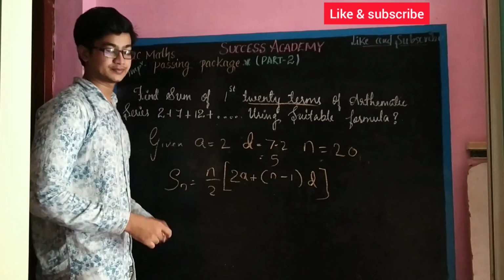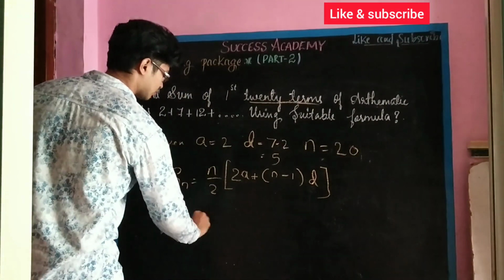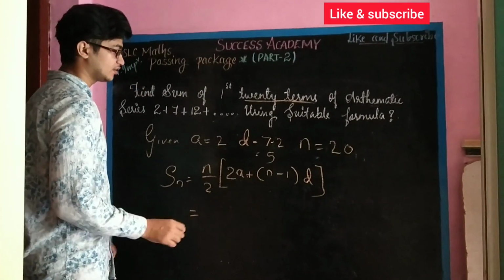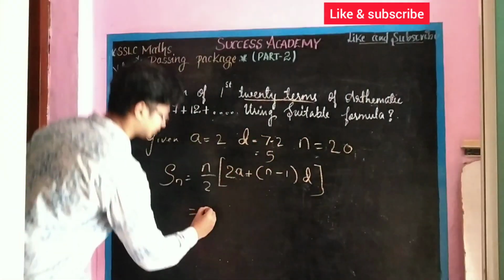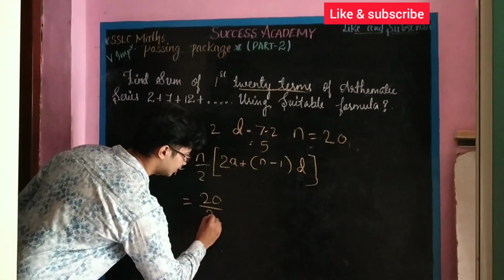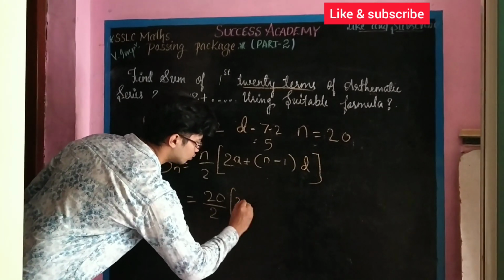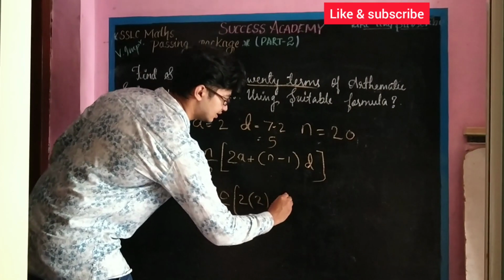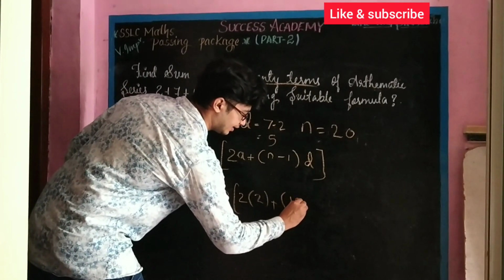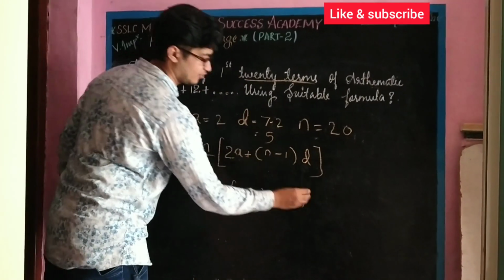Okay friends, now we have to find Sn. Let us substitute the values. n is equal to 20, by 2, into 2a, with a value 2, plus (n minus 1), 20 minus 1 is 19, d is 5.